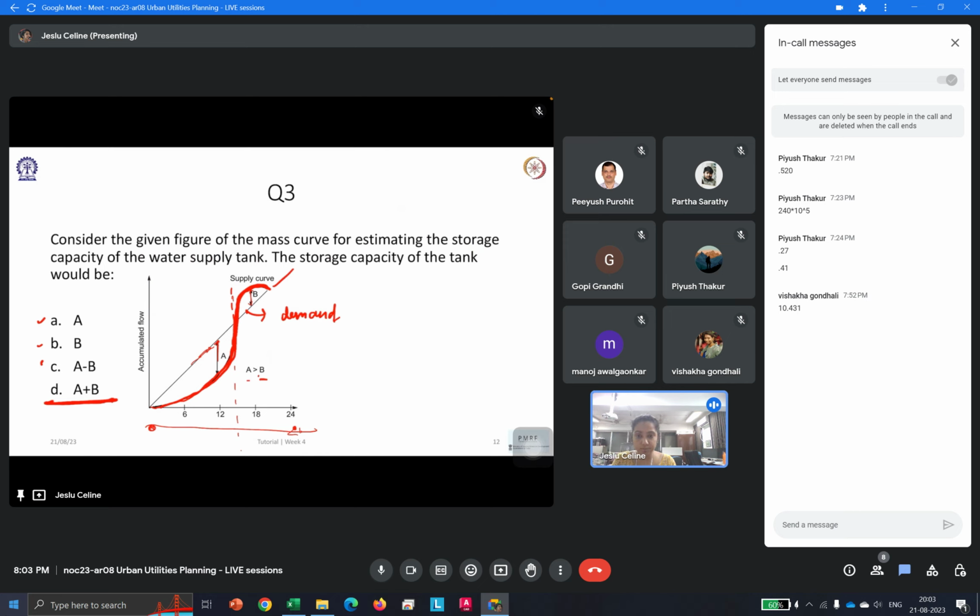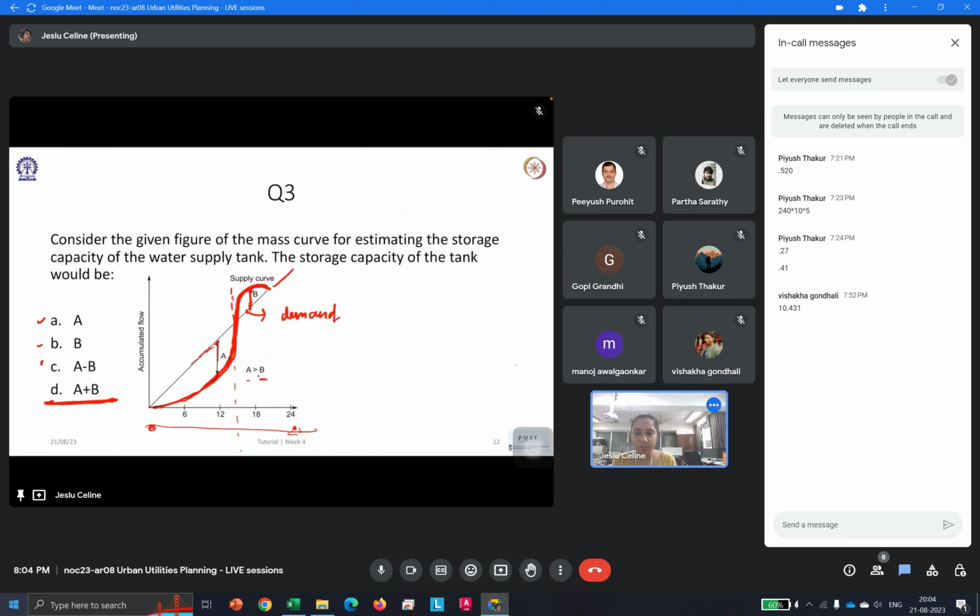But since this is a cumulative demand, in the difference between the supply and demand, A is greater than B. But in actual terms, at a particular point of time, maybe it need not be. That we will see later in one problem we will do. So, as rightly said, we need to have the capacity for both.